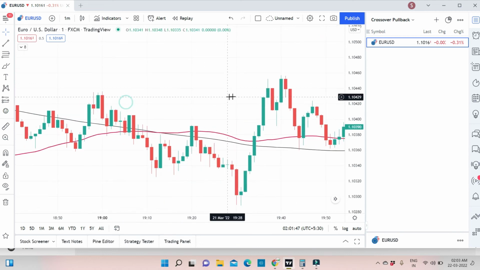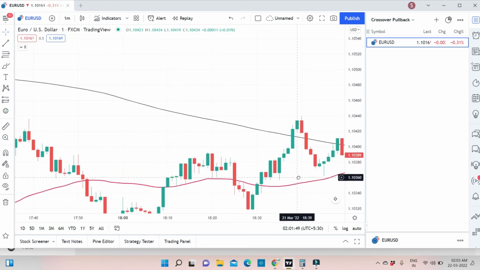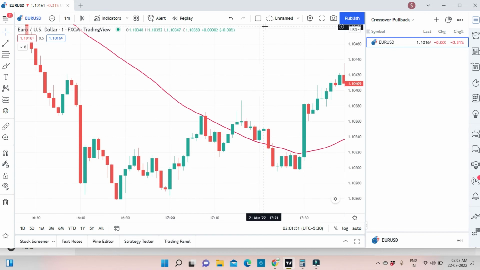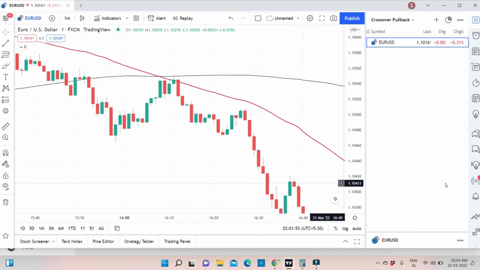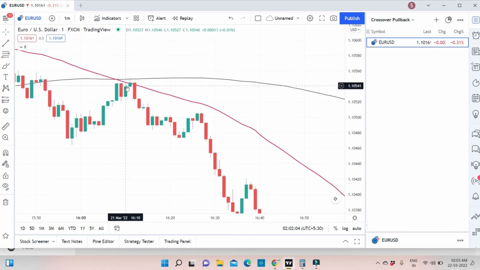Now if you go a little backwards to do some more back testing over here, we'll find out that this 50 moving average is crossing below the 200 moving average line over here. Okay, so here if you see, it's going down, then it gave a pullback over here. Now here it has not touched the 50 moving average.